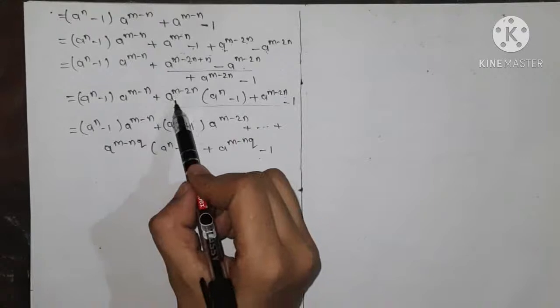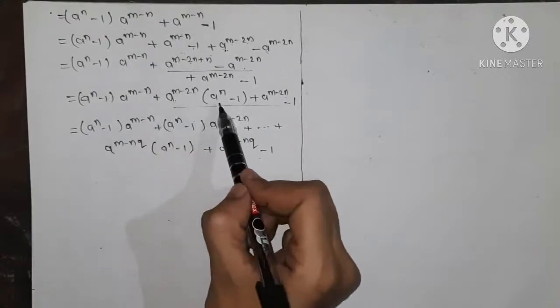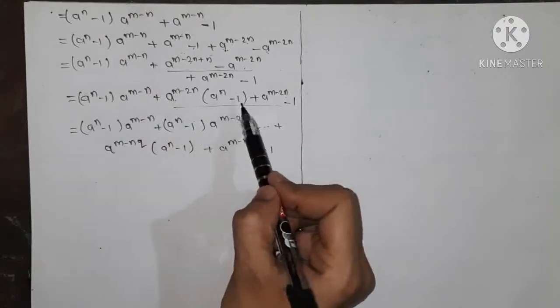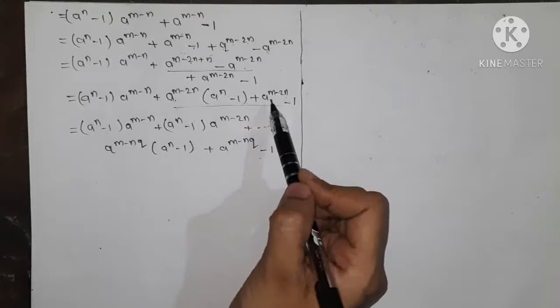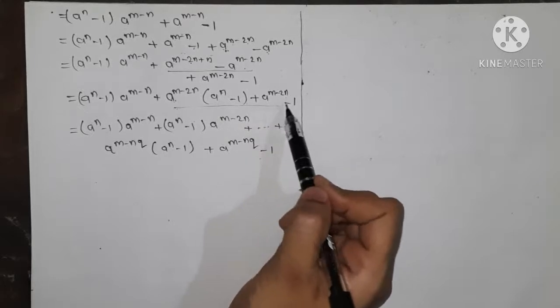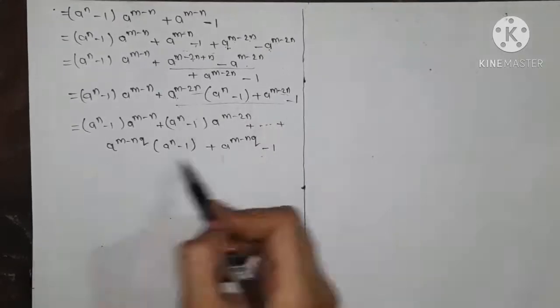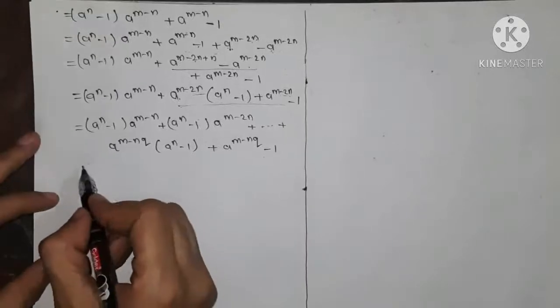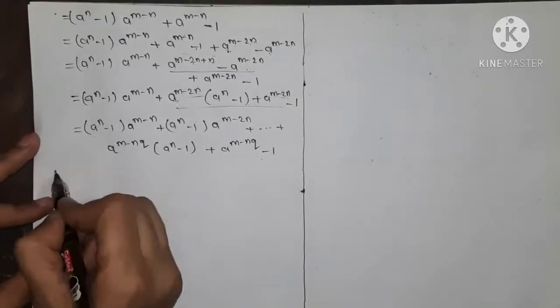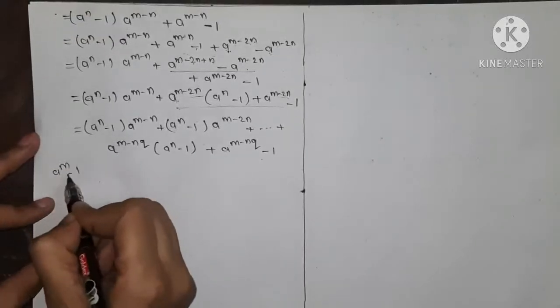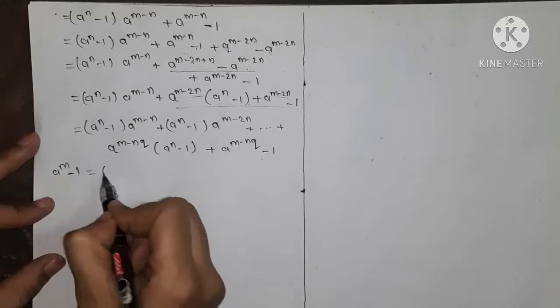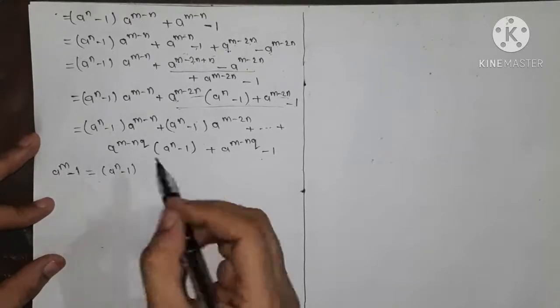That is, in the power a to the m minus 2n, and in multiplication a to the power n minus 1, plus a to the power m minus 2n minus 1. That is, with minus 1 we have this term and this term. So we are writing in the same manner, and this is equal to, in the right hand side we have a to the power m minus 1, that is equal to a to the power n minus 1.